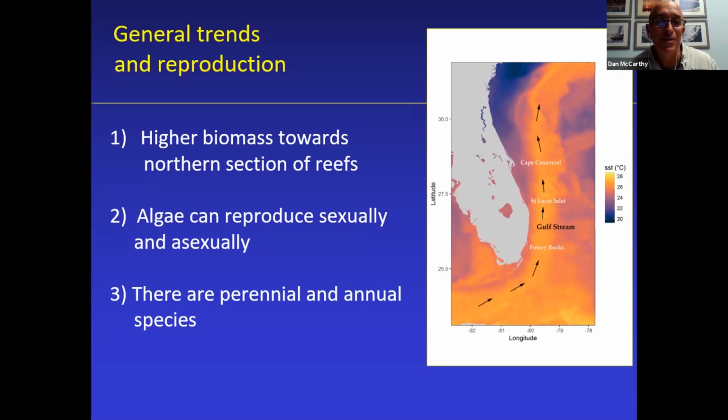There are species that can live for several years, just like land plants that are perennial, but then there are other species that live for a much shorter time. It can be considered annual. So very dynamic in terms of the life history and reproduction of algae.